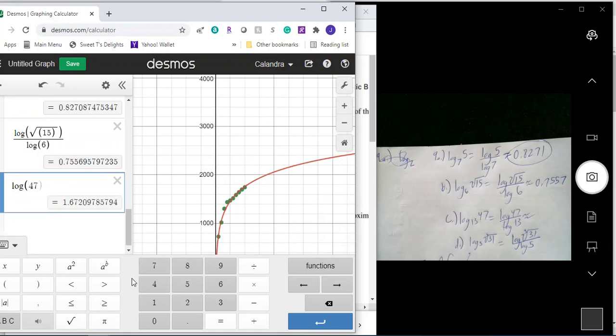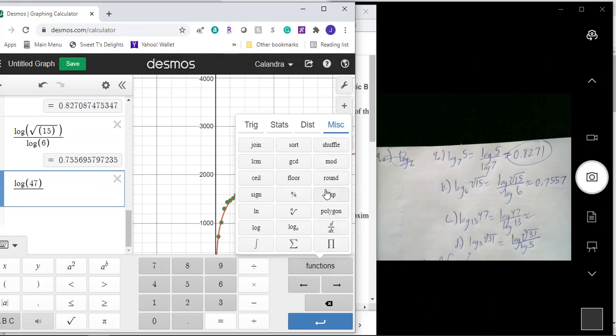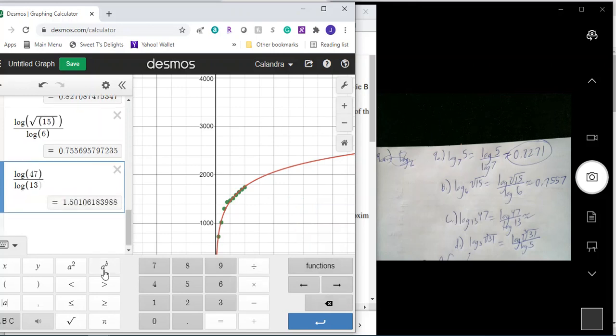We can close our parenthesis, divided by log 13, and then close our parenthesis, and we will have the approximation of 1.5011, rounded to 4 decimal places.